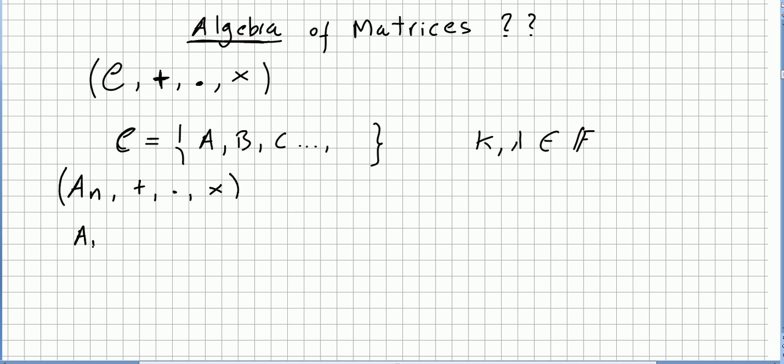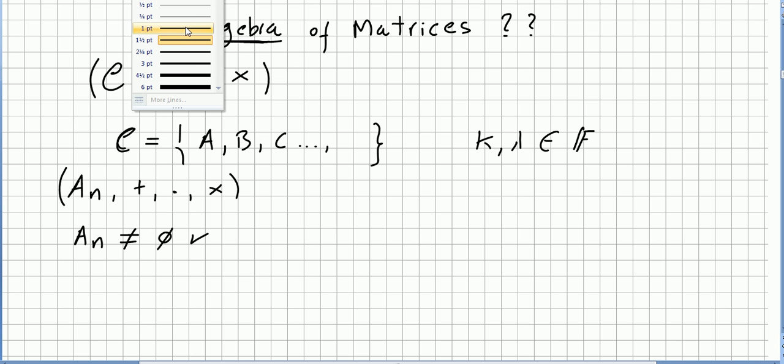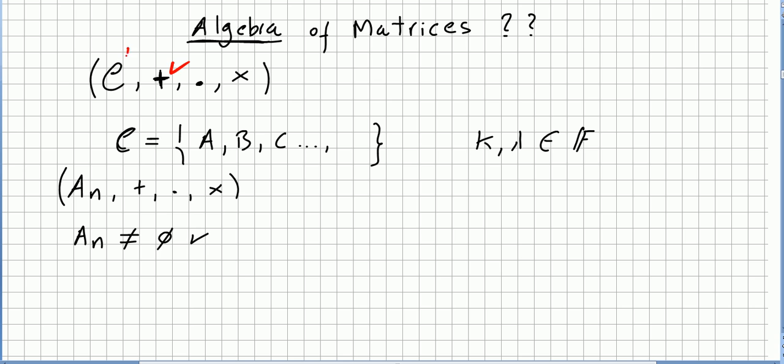Point number 1, the set is not an empty set because there are square matrices of every dimension. So it's a non-empty set.